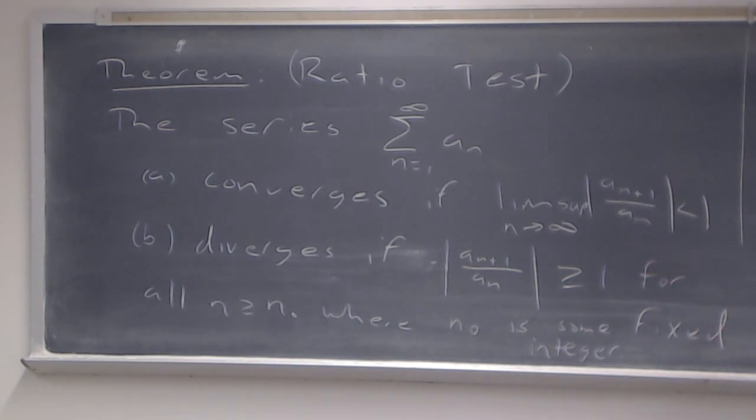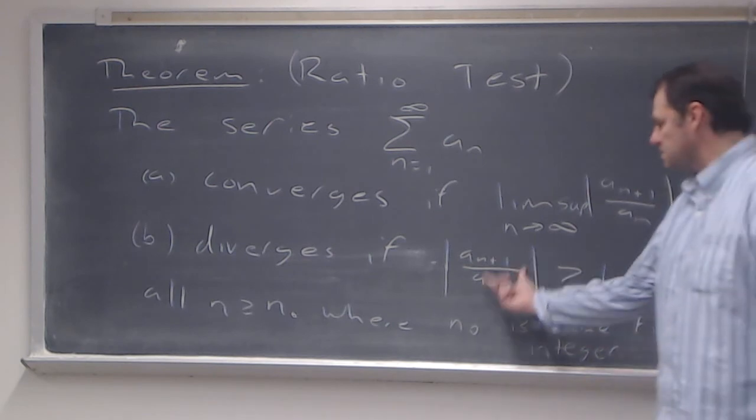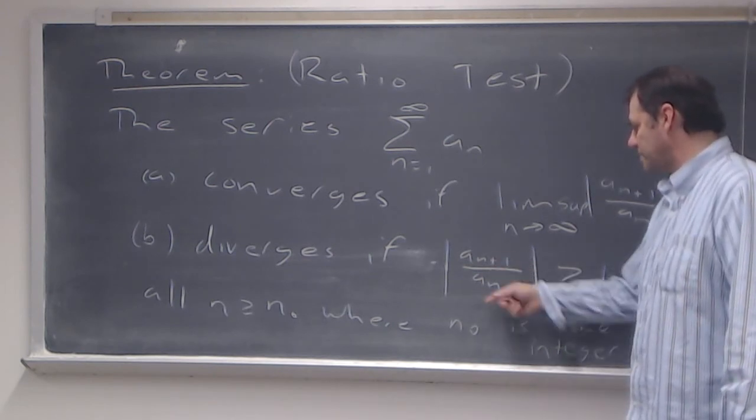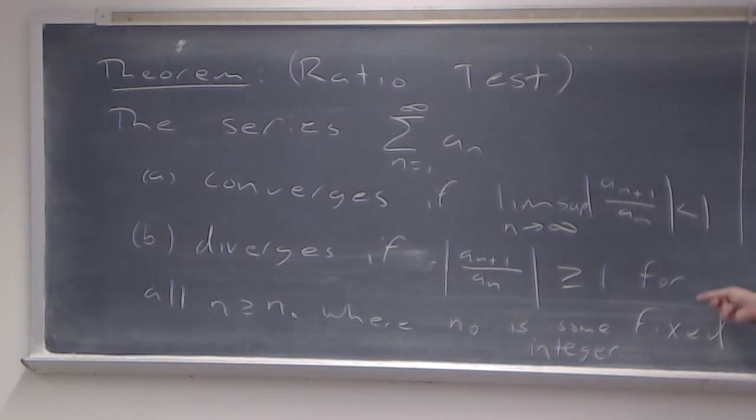And it diverges if the absolute value of the ratio of these complex numbers is greater than or equal to 1 for all n bigger than or equal to n sub naught, where n sub naught is some fixed integer. So we want to prove this theorem.